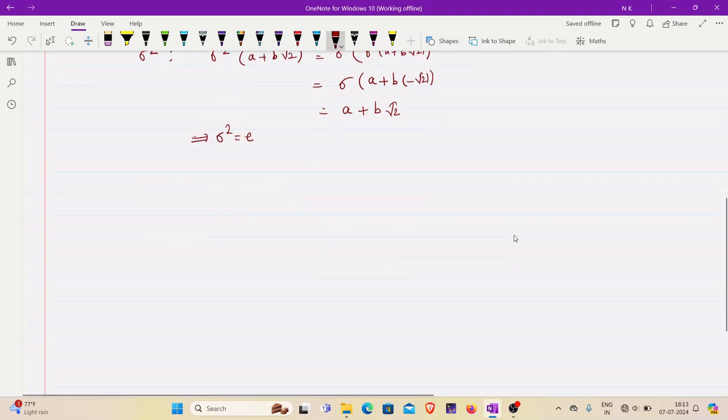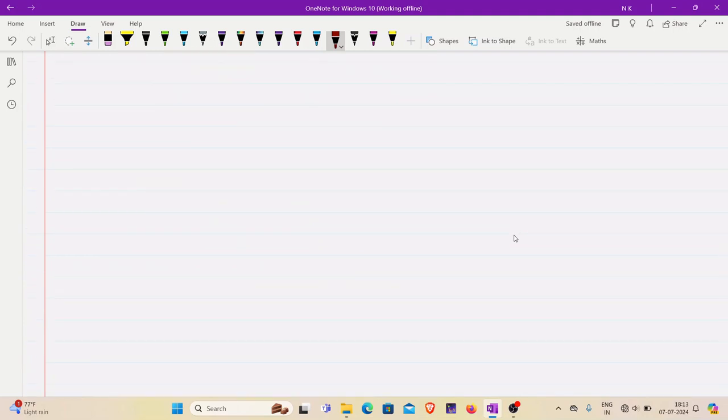Now we will extend these ideas further and we will state and prove one proposition. Let me first of all write down the statement of the proposition.